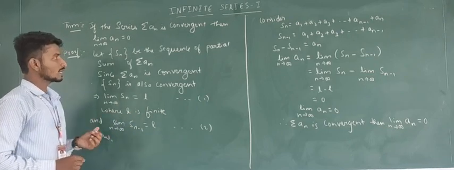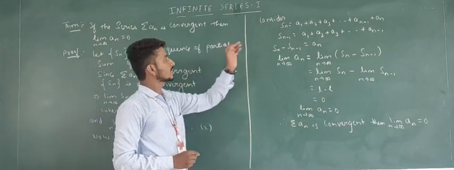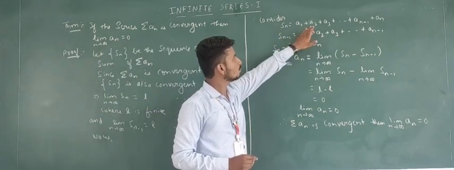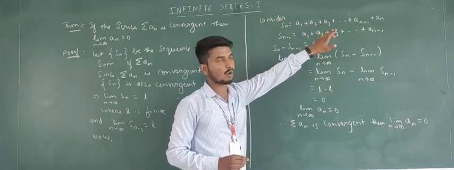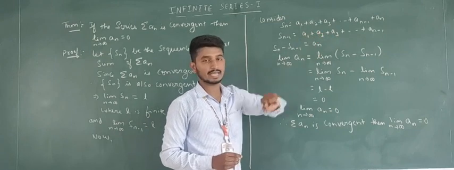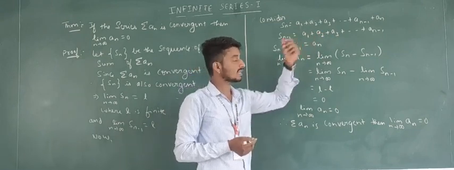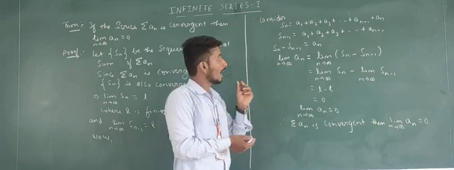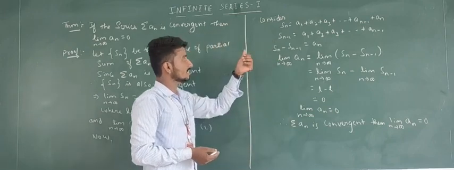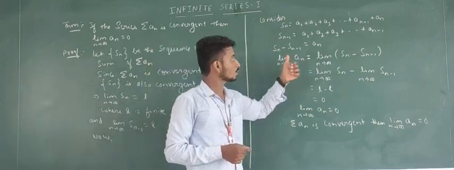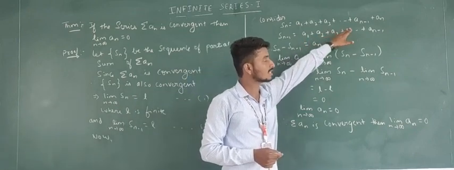Now we consider Sn equal to a1 plus a2 plus a3 plus so on plus an minus 1 plus an. We have considered an minus 1 because, just as we considered the previous term for the sequence, we also consider the previous term for this series.